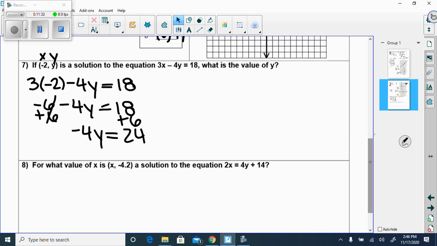Then you divide by negative 4 on both sides. y equals negative 6. 24 divided by negative 4 is negative 6. So when it asks what our value of y is, it's just negative 6.